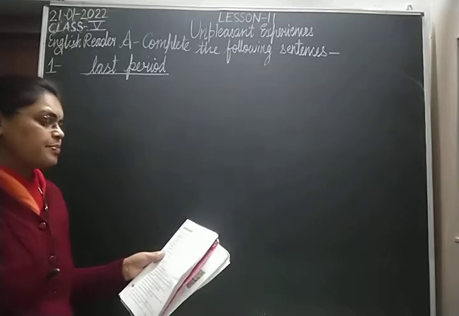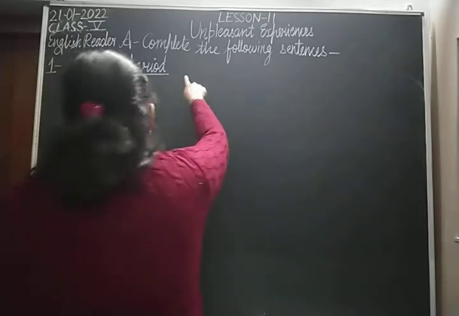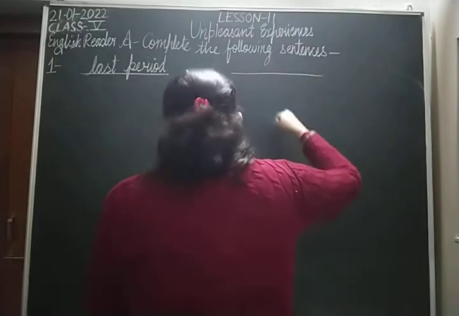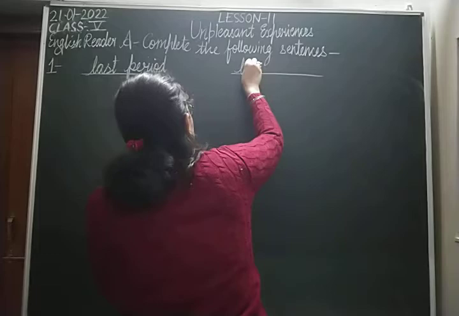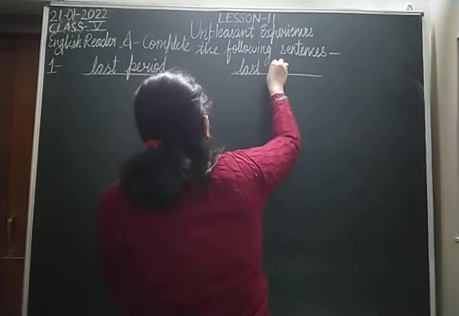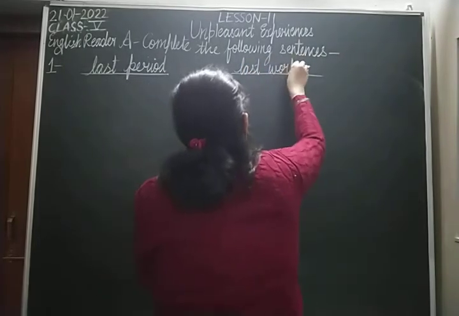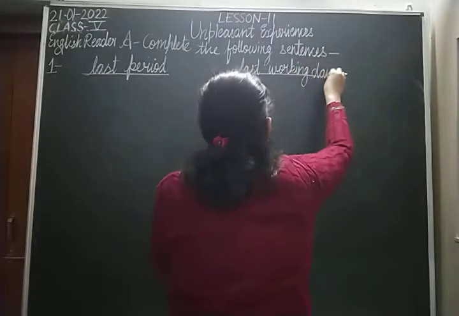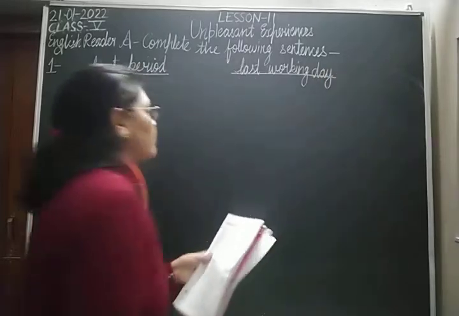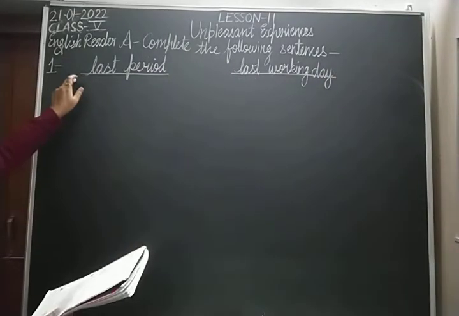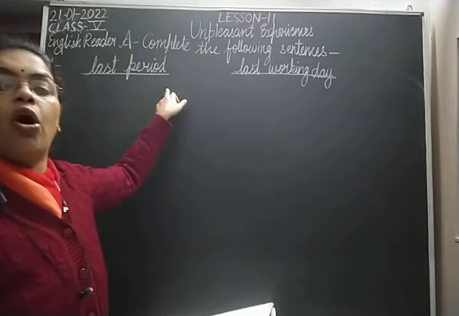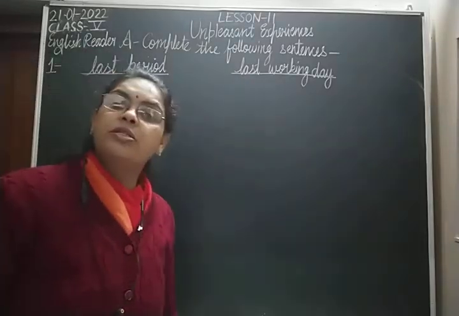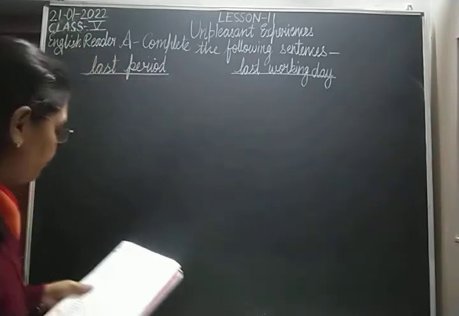So, it was the last period of the, again in the next blank you write last working day. So, first one will be, it was the last period of the last working day before vacations and the students were waiting for Ira ma'am.